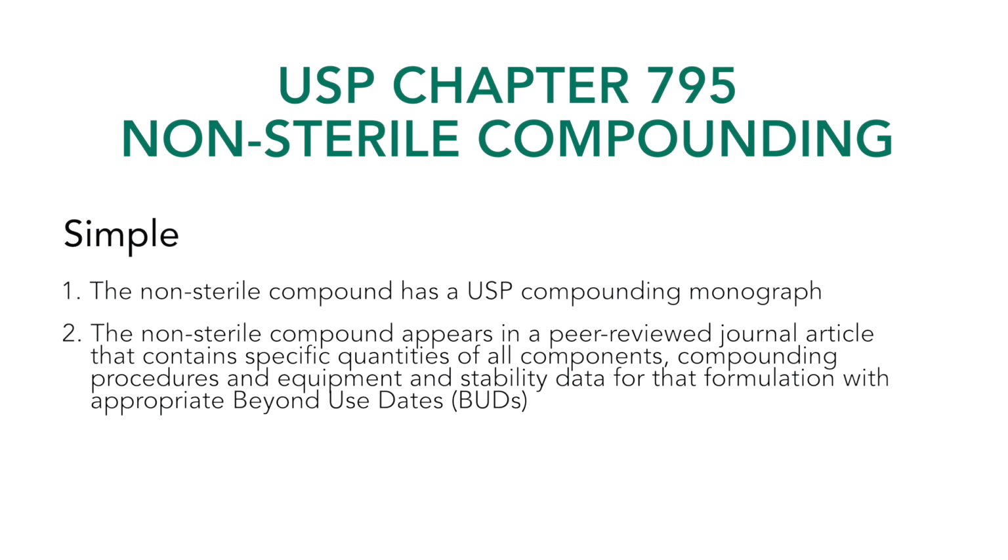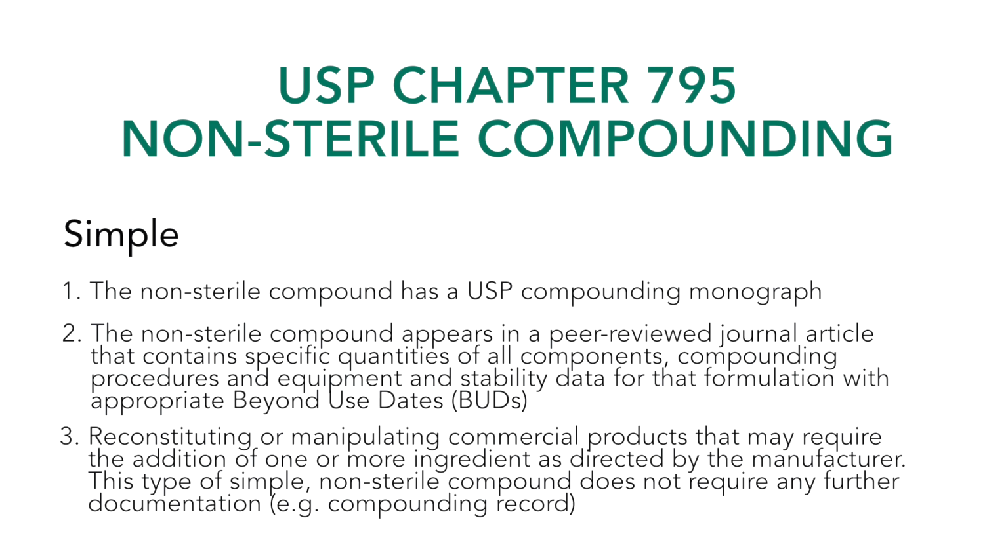Second, the non-sterile compound appears in a peer-reviewed journal article that contains specific quantities of all components, compounding procedure, and equipment, and stability data for that formulation and appropriate beyond use dates. And third, reconstituting or manipulating commercial products that may require the addition of one or more ingredients as directed by the manufacturer. This type of simple non-sterile compound does not require any further documentation, such as the compounding record.